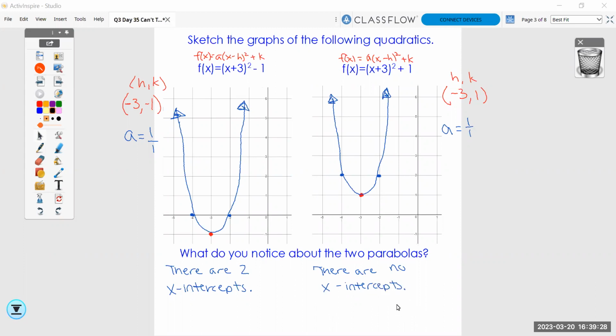Okay. So just a quick review, when you're looking at quadratics, there's 3 possibilities that exist. Those 3 possibilities are at the bottom of your worksheet.